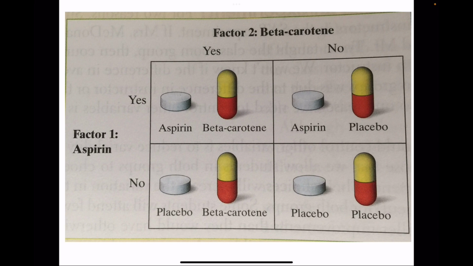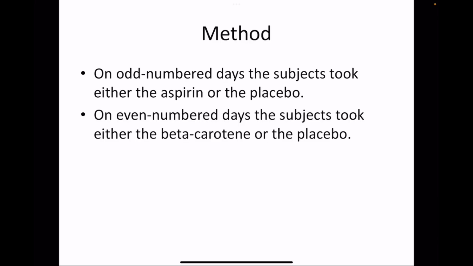That way they all have the same mental attitude about what they're doing, and that doesn't become a confounding variable. So on the odd numbered days, the subjects took the aspirin or the placebo, whichever one they'd been assigned, and on the even numbered days, they took the beta carotene or the placebo.